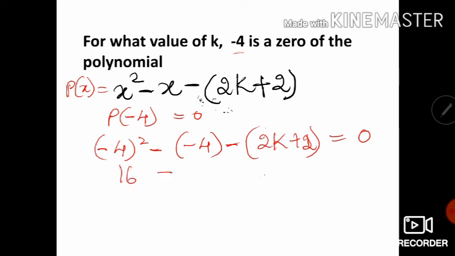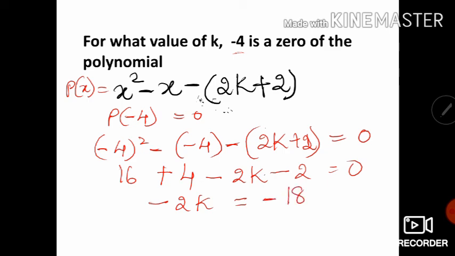So 16 minus minus becomes plus, 16 plus 4 minus 2k, open the brackets and change the sign. This is minus 2k equal to 18, which goes to the other side and becomes minus 18. So k is equal to 9.